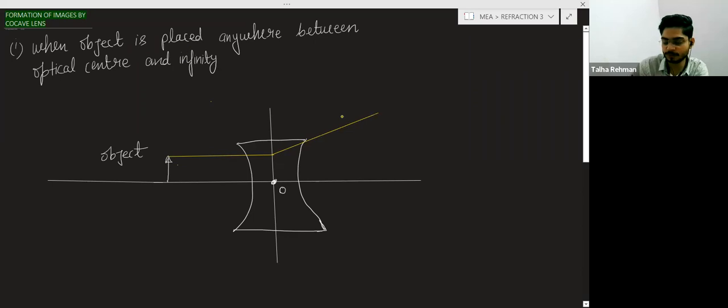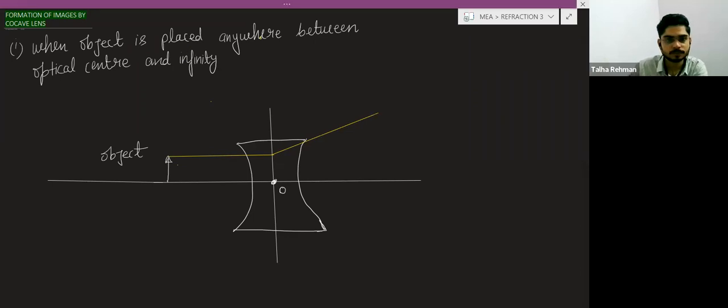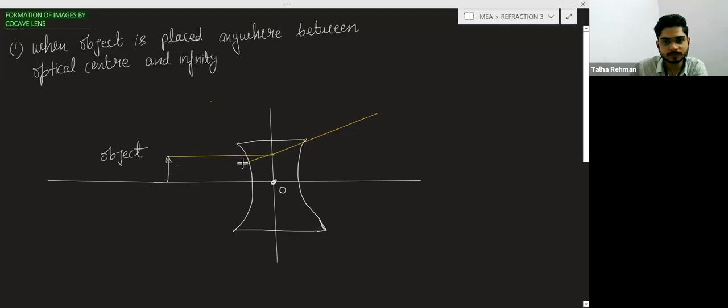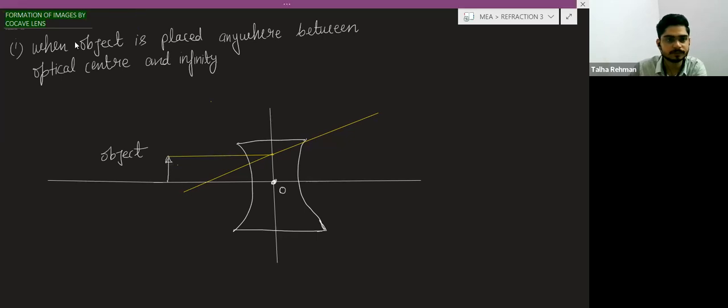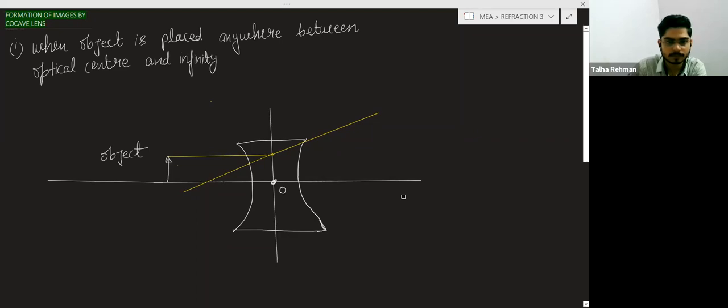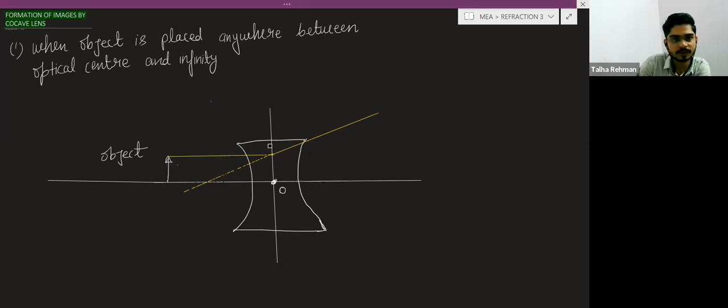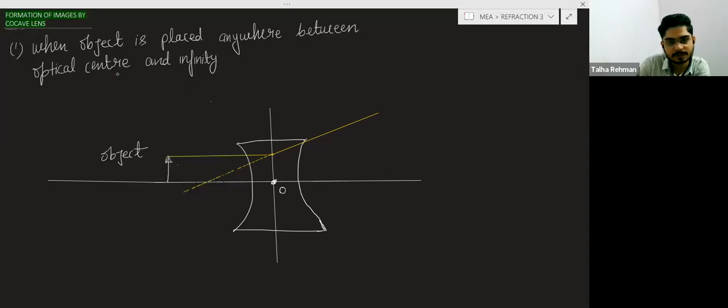When you produce this in the backward direction, somewhere here this ray will meet at the focus. So the first ray from this object is parallel to the principal axis, and refraction is taking place.